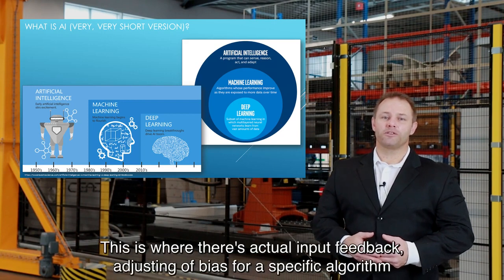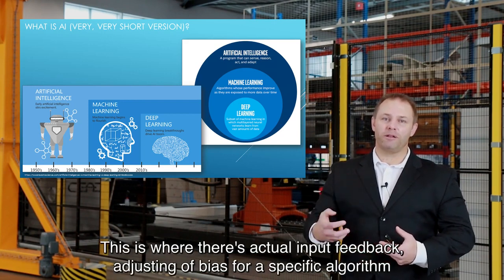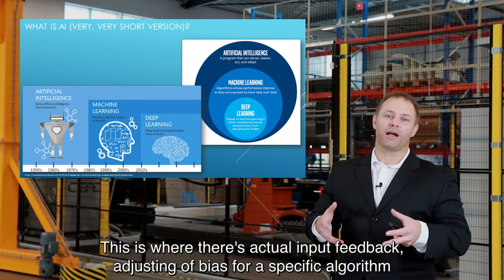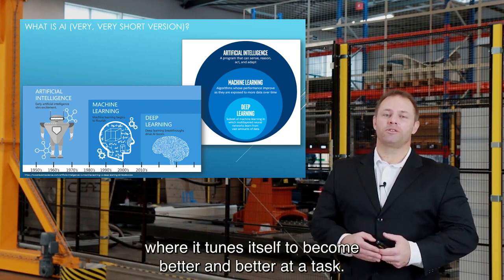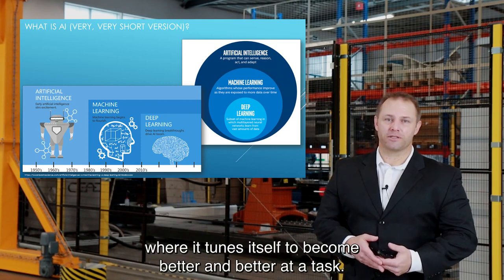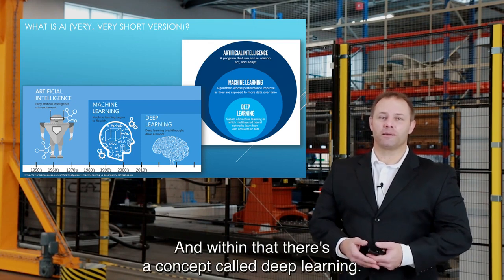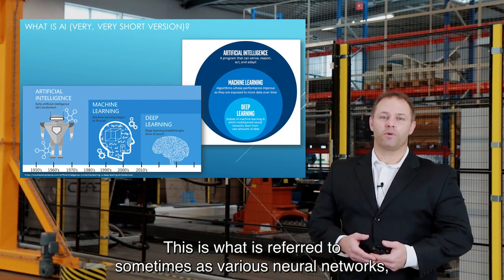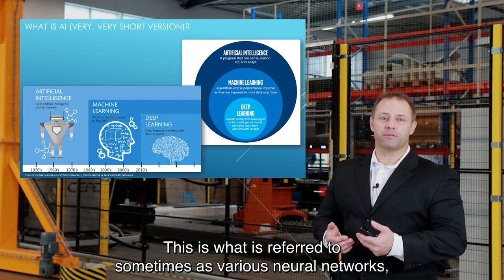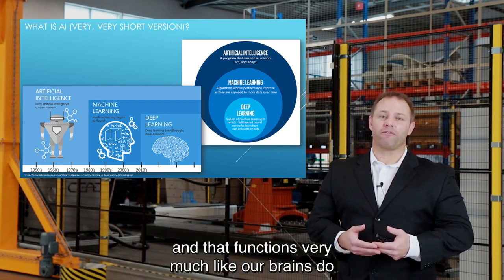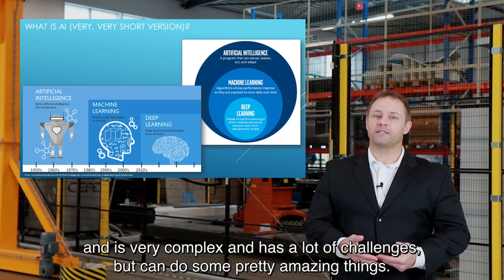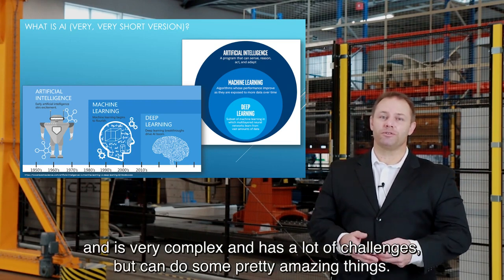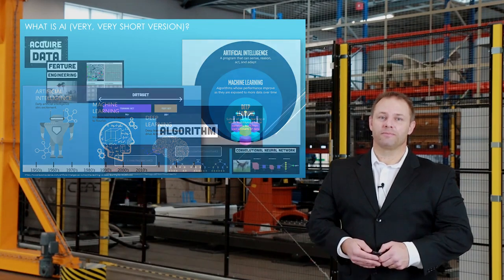This is where there's actual input, feedback, adjusting of bias for a specific algorithm, where it tunes itself to become better and better at a task. And within that, there's a concept called deep learning. This is what is referred to sometimes as various neural networks. And that functions very much like our brains do, and is very complex and has a lot of challenges, but can do some pretty amazing things.